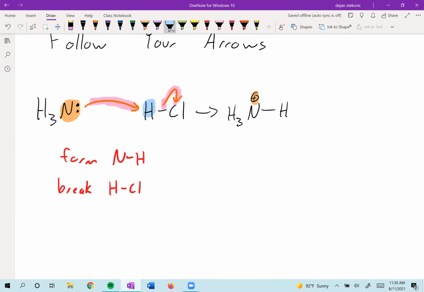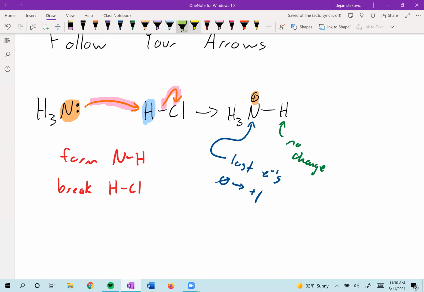If we next think about this hydrogen, it has gained electrons from the nitrogen, but then it's also lost electrons from breaking that HCl bond. So it lost some electrons, gained some electrons, so there's no change here. Let's go back right here. This N, right, lost electrons. So it goes from 0 to +1.